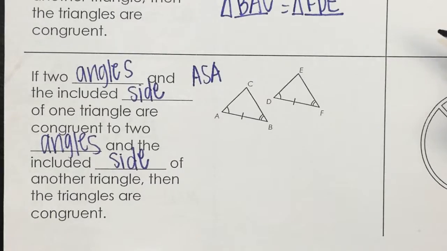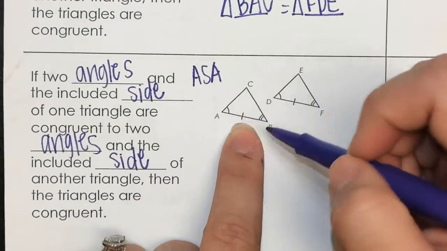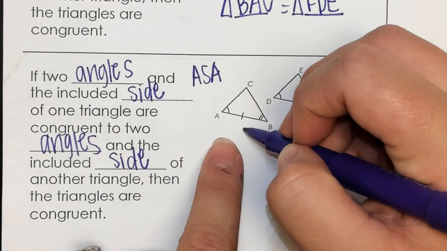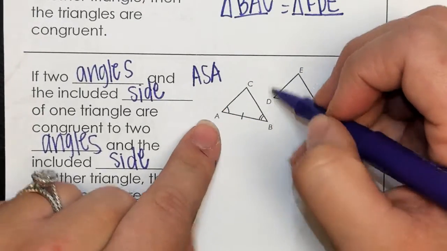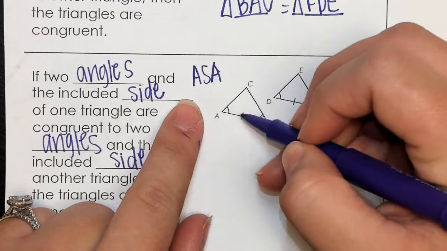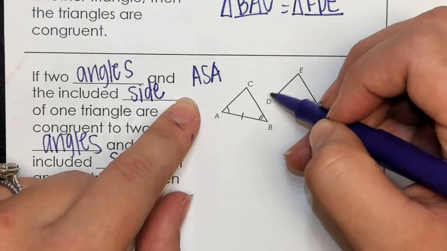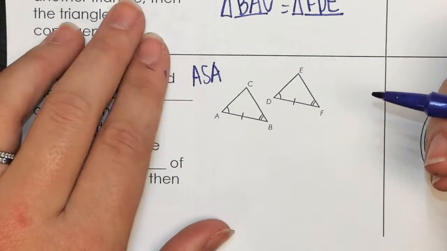So it's just the reverse. Instead of an angle being in the middle, what's in the middle now? Side, and there's an angle on both ends. So if you read it, you have A, S, A, S, A.